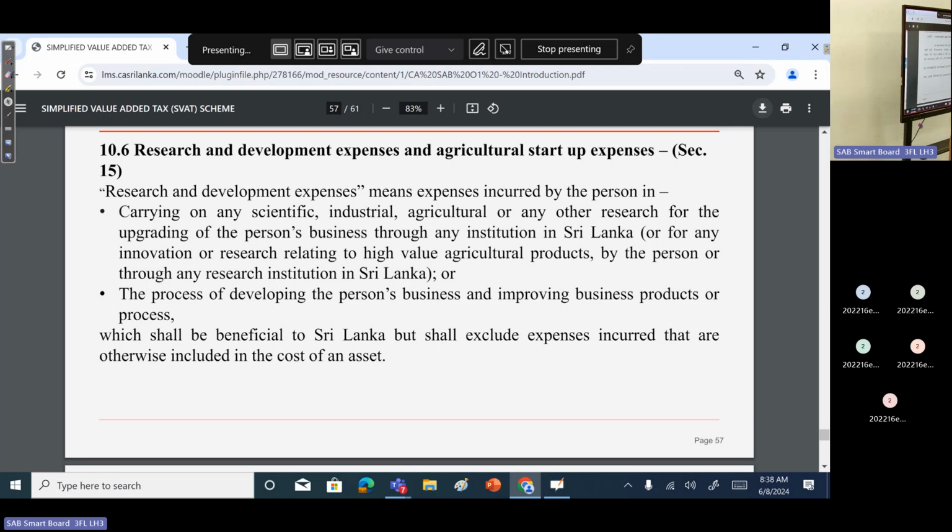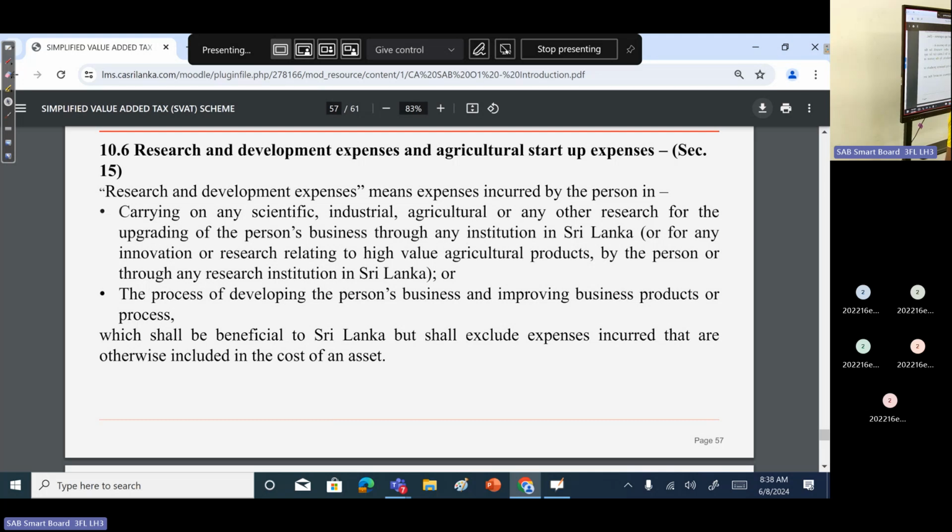They are developing some sort of new agricultural seed plants and everything. Right? They give more output. Right? So if somebody is doing a project with that institute, and they are incurring cost, that particular expertise they can use.